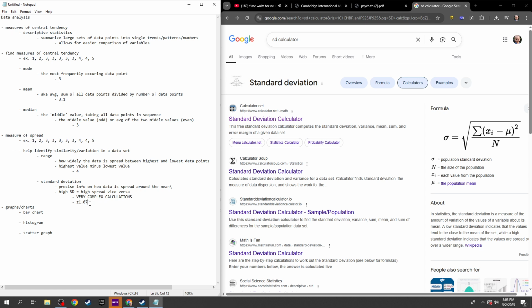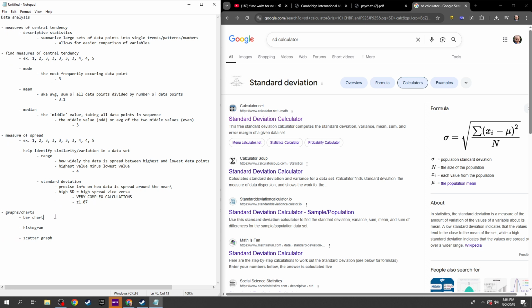Compared to if it was plus or minus 1 out of a scale from 1 to 100, then points are only deviating on average 1% of the scale away from our average. So that's how you kind of figure it out.